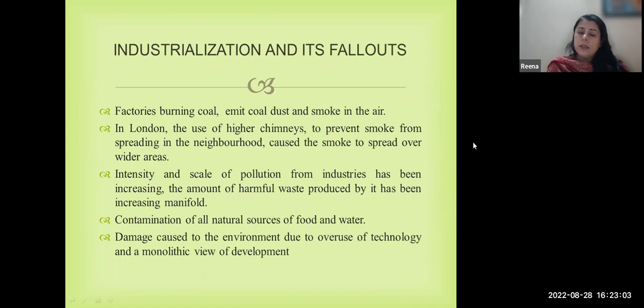Industrialization and its fallout also include the burning of coal and the emissions of coal dust and smoke in the air. These days, due to the implementation and control of pollution control boards in all the states, there are portals on the websites of pollution control boards where you can even launch complaints if you notice any kind of smoke from any specific industry's chimney.